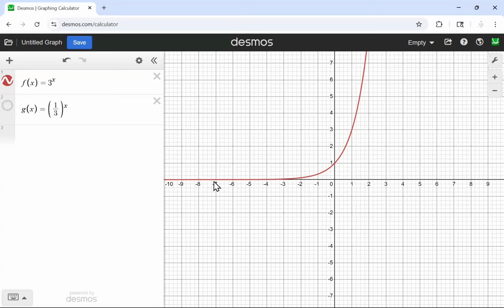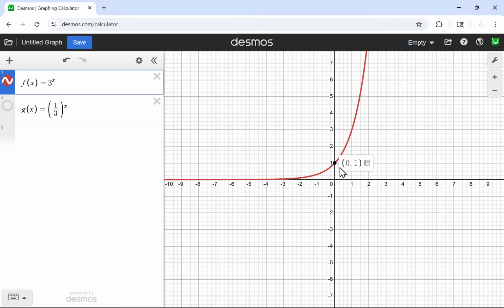Here we're looking at the graph of f of x is equal to 3 to the x power. Notice, like I was saying, the base there is bigger than 1. And so as we move left to right, the function is increasing. And as you move more and more to the right, the function is increasing at a faster and faster rate.